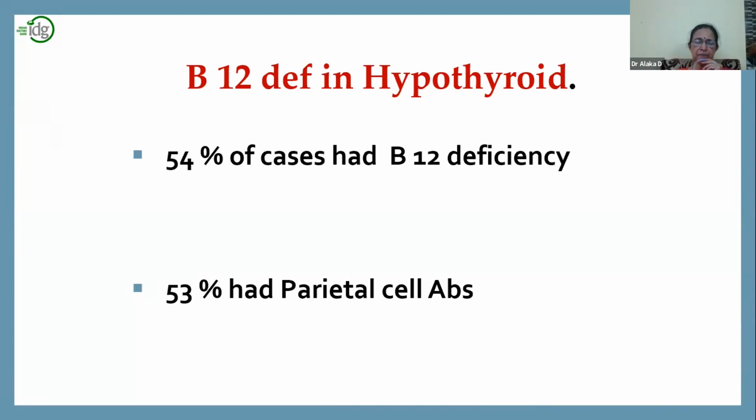So 53% of these patients had parietal cell antibodies. Autoimmune disorders are interrelated, and therefore in many of these patients you will find B12 deficiency along with parietal cell antibodies. What is the significance? Because there are parietal cell antibodies, there is a deficiency of intrinsic factor, and therefore giving oral B12 is not going to help these people. We have to give injectable B12.